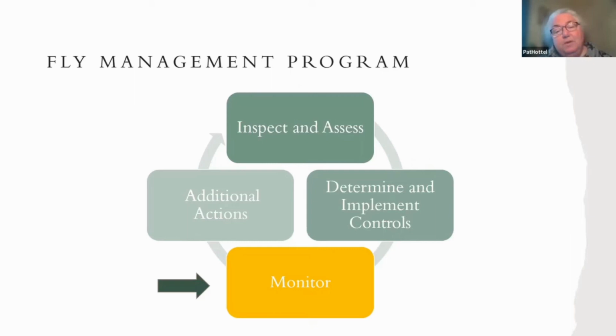Then, once we have determined where our sources might be and the possible routes of entry, we determine and implement our controls, come up with our control plans, and then implement those. I've highlighted monitor as our third step, and I think that's an area where, as an industry, we can improve. So I'm going to talk a lot about monitoring devices, and then additional action.